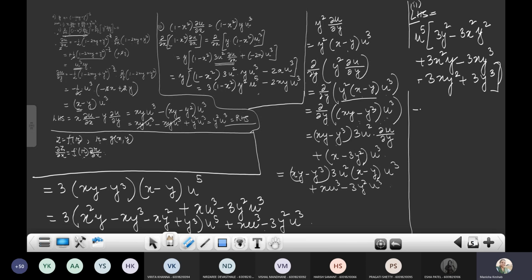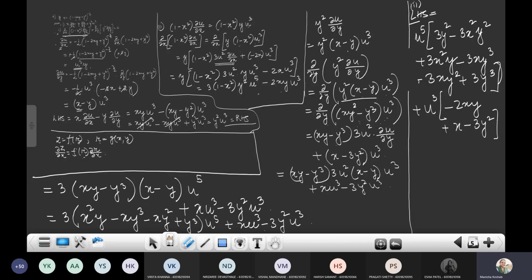And with u cube, we have minus 2xy, and with this, we have x minus 3y. Just see if I miss something. Oh, here there is an issue.